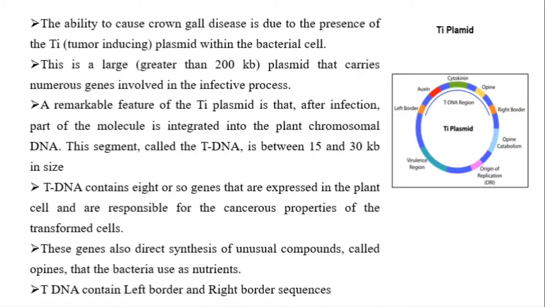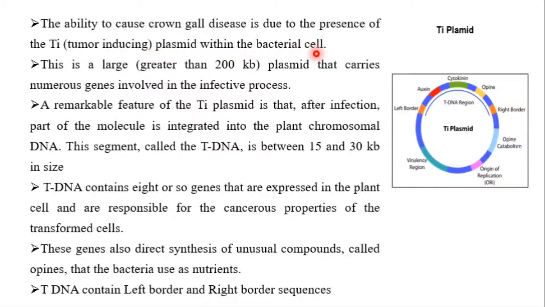The ability of Agrobacterium tumefaciens to cause crown gall disease in plants is because of the presence of a plasmid called the tumor inducing plasmid, that means the TI plasmid, within the bacterial cell.